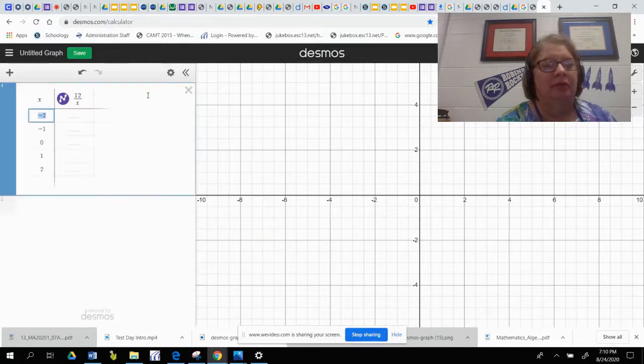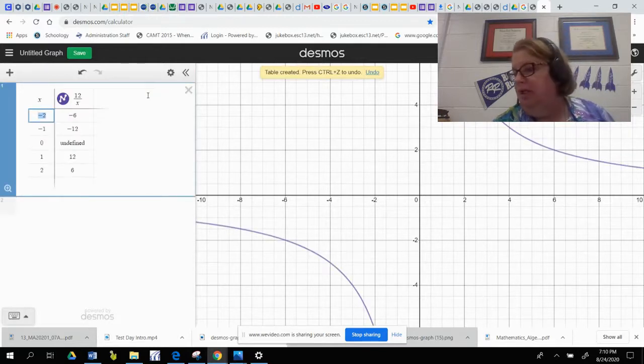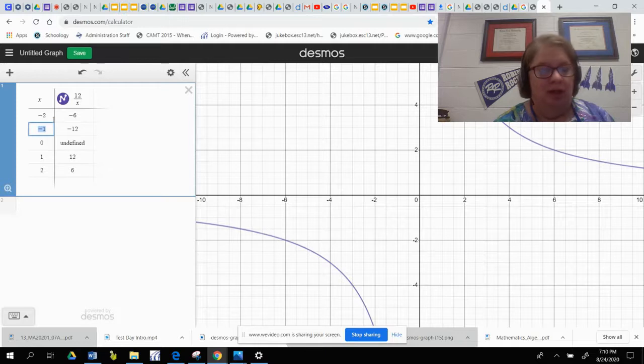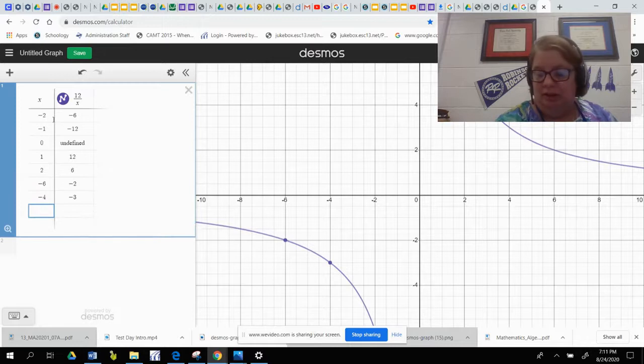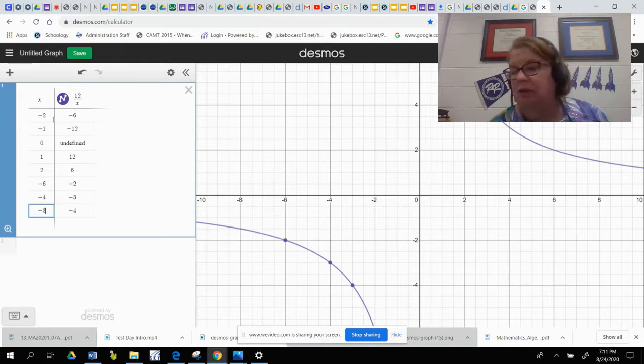Let's go look at the table. Our table on our paper starts with -6. I don't think we can put one up above it, but we can type in -6, -4, -3, and we have -2 and 0. Notice that 0, 2, 3.